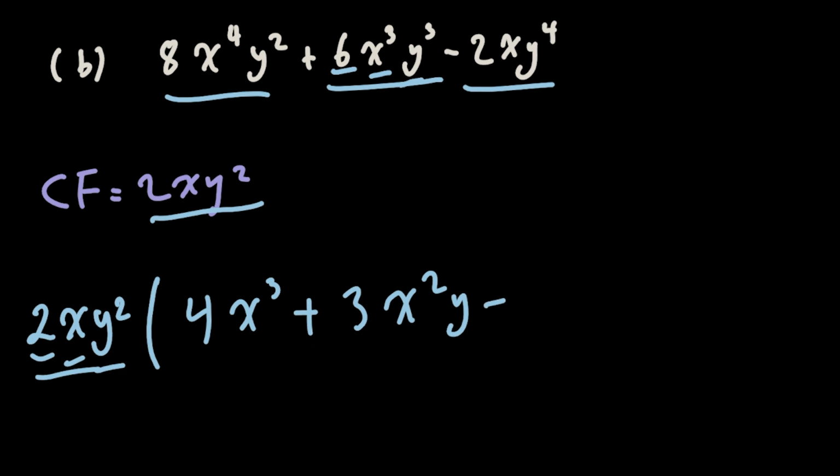The minus will just be here. Now we have 2 over 2, it's 1. x over x is 1. y to the power 4 over y to the power 2 is y to the power 2. We're just subtracting the powers.